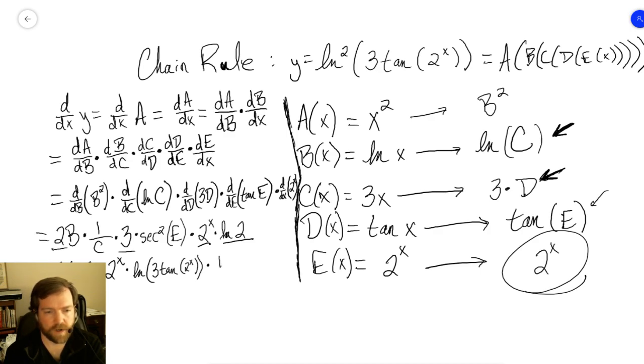So times 1 over c is again 3 times d. D is the tangent of e, and e is 2 to the x. So all of this again kind of telescopes back up. So it's 1 over 3 tangent of 2 to the x. So 1 over that thing. Then we get the secant squared of e.